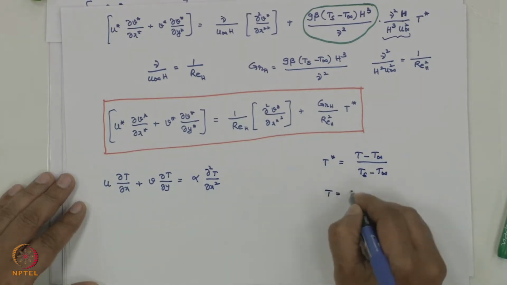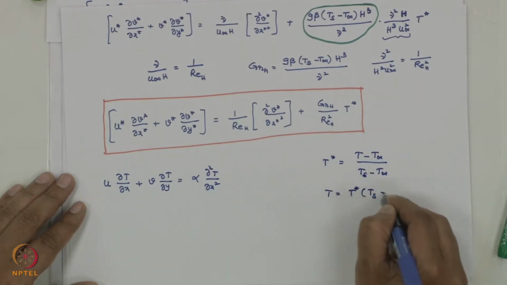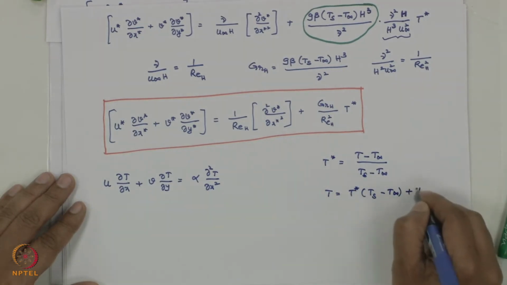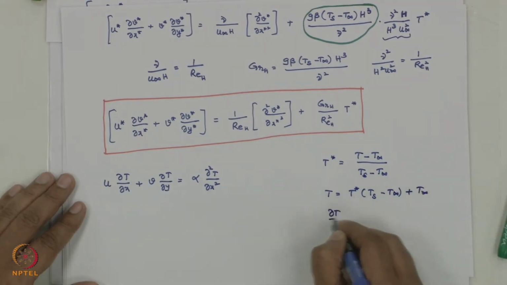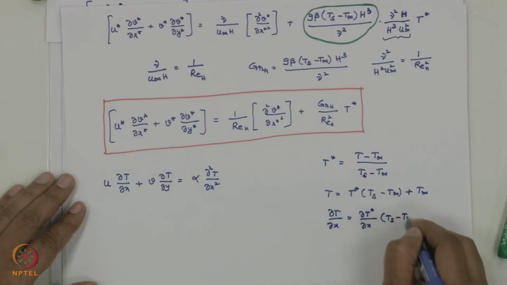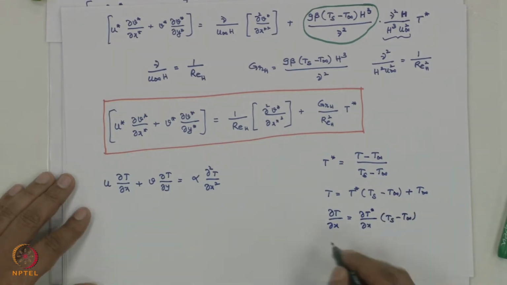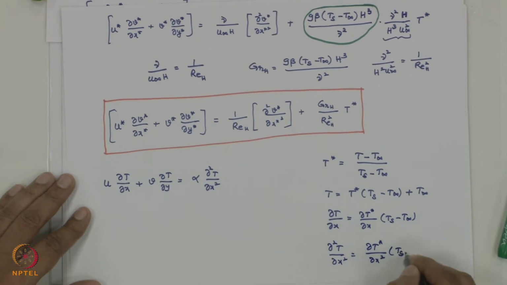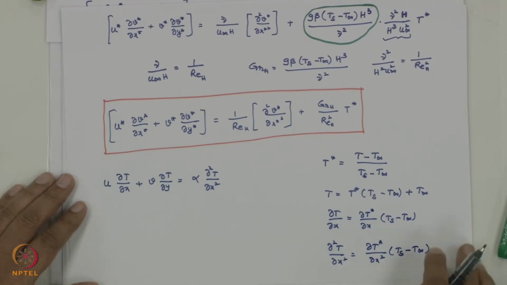So T equal to T star into Ts minus T infinity plus T infinity. So if you take del t by del x, you get del t star by del x, and Ts minus T infinity is constant. Okay, and similarly del squared t by del x squared, you get del squared t star upon del x squared into Ts minus T infinity.